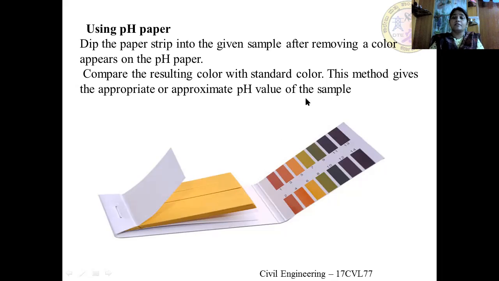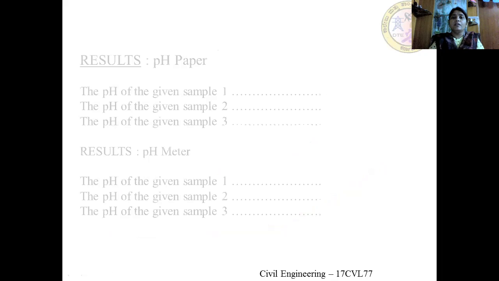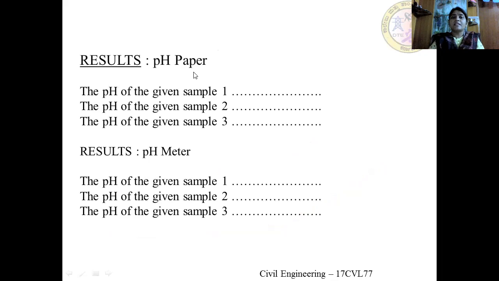Once it is calibrated, any number of samples can be determined. Once it is done, we tabulate the results. When we use a pH paper, what was the pH of any given sample number 1, 2, 3. Similarly with the pH meter, what was the sample's pH, we note it down.